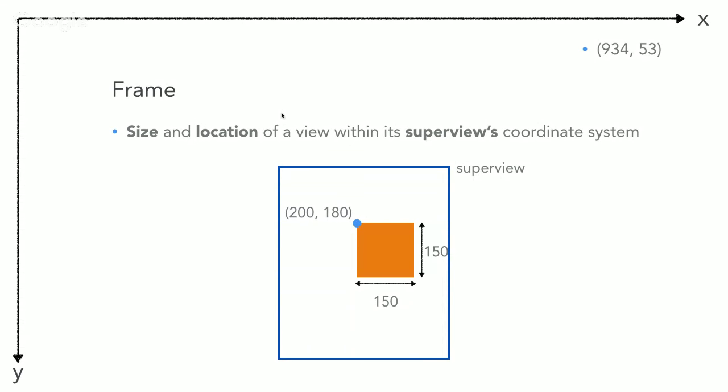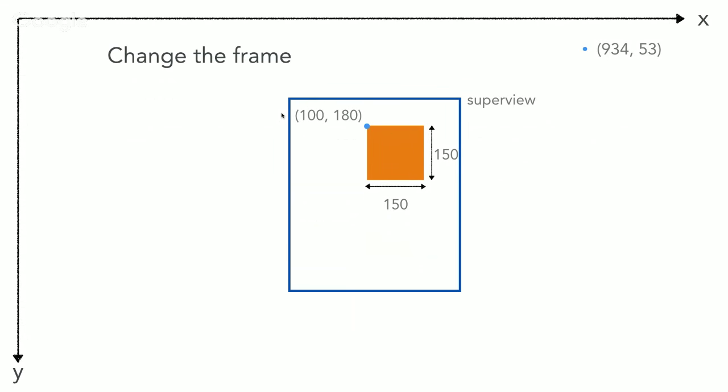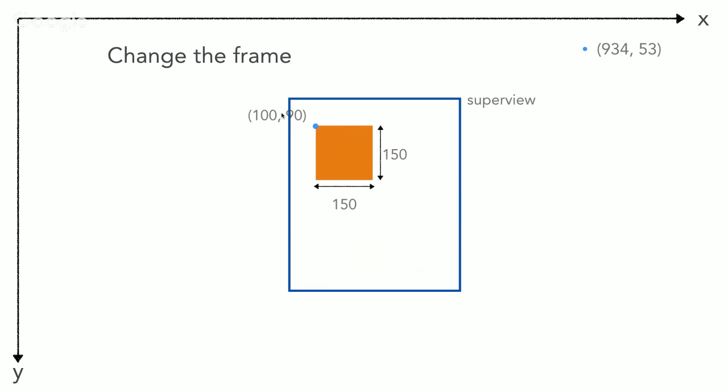So what happens when you change some property inside the frame of the view? Well, how about we change the origin of the view? Instead of 200, 180, we change it into 100 and 180. Changing the y value means that we will move it up. It will move the origin, so it moves the whole view within the superview.